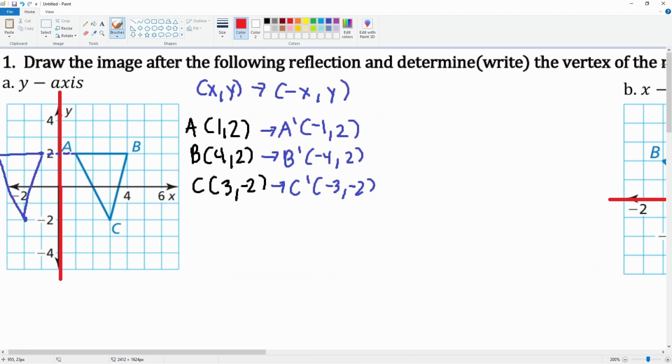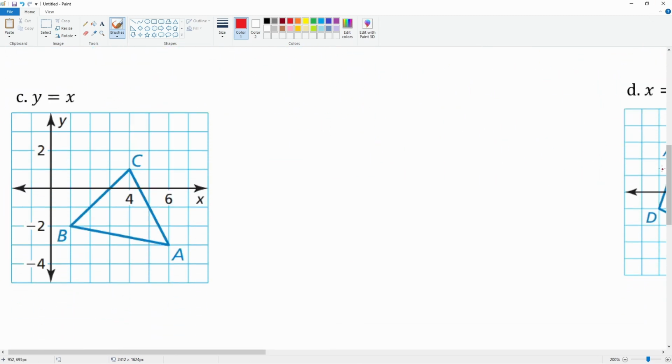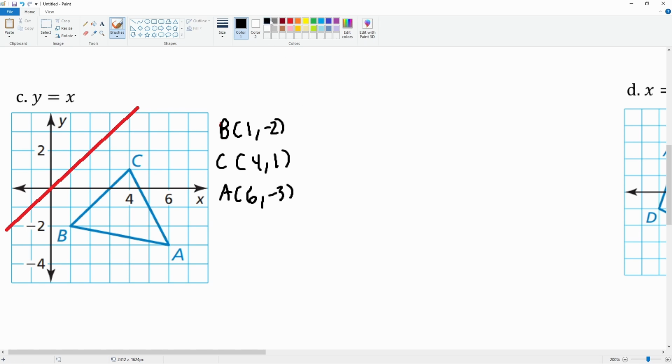Let's now look at when y is equal to x. Y equals x is referred to this line right here. All right. So let's grab the original points. B is located at 1, -2. C is located at 4, 1. And A is located at 6, -3. Notice that when we reflect it, let's take a look.